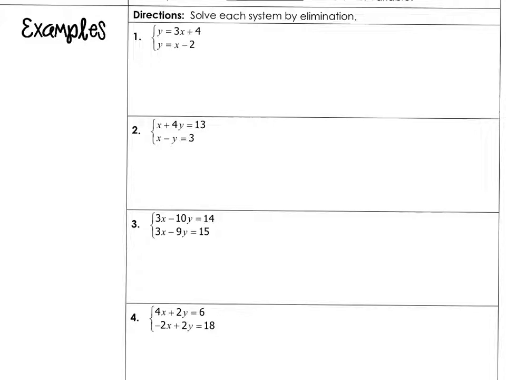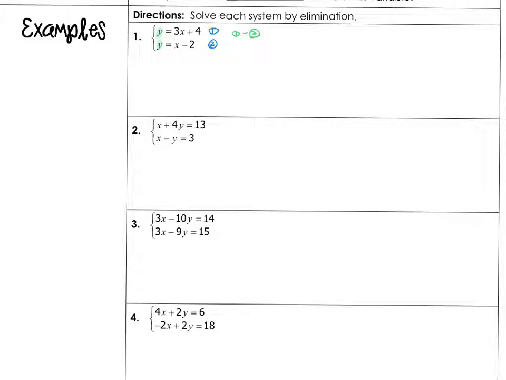I have the first equation as y equals 3x plus 4, and the second equation as y equals x minus 2. Also notice that I've got a common coefficient of 1 in front of the variable y. So according to our steps, once we find that, we can use equation 1 subtracting equation 2.